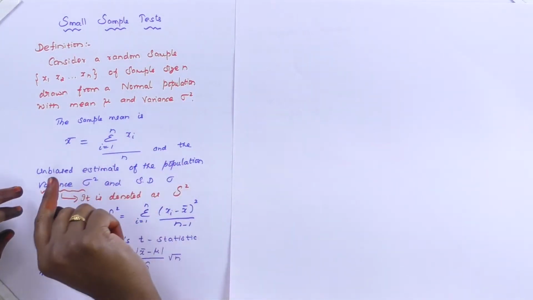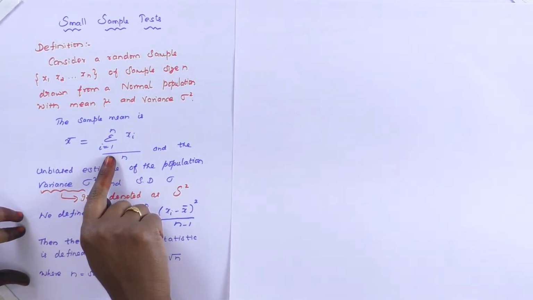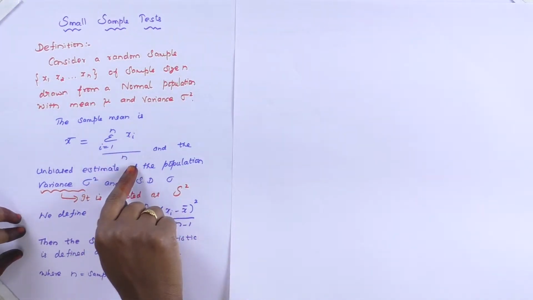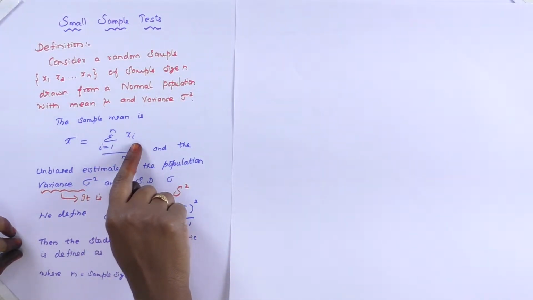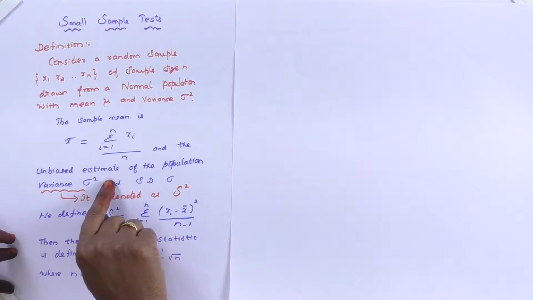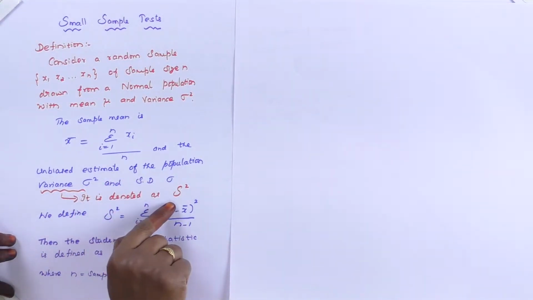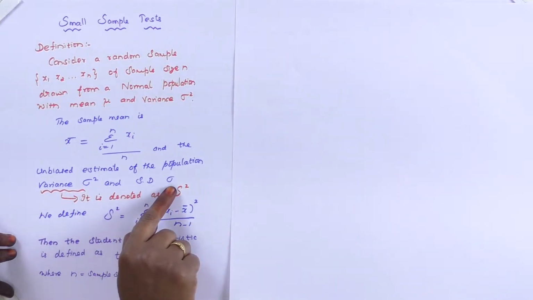The sample mean is x bar, calculated by using this formula: summation i varies from 1 to n xi divided by n, where the numerator is the sum of all sample values and n represents the sample size. And the unbiased estimate of the population variance sigma square is sometimes denoted as capital S square, and its standard deviation is sigma.